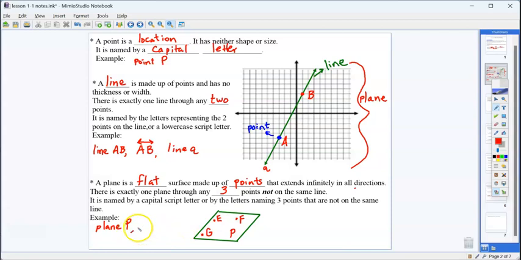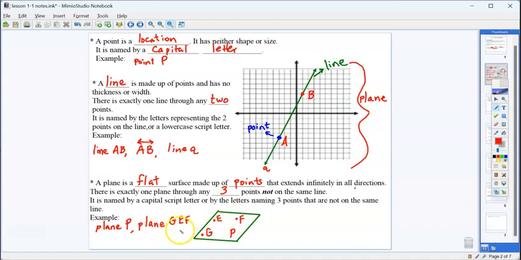We also could say, using the letters of the points, and it really doesn't matter about the order, I could say that this is plane GEF. I won't list out all the possibilities, but you could also say plane FEG, EGF, all the different arrangements of those points.